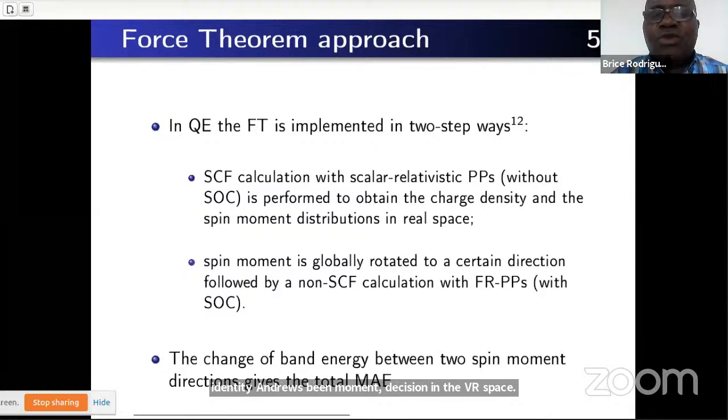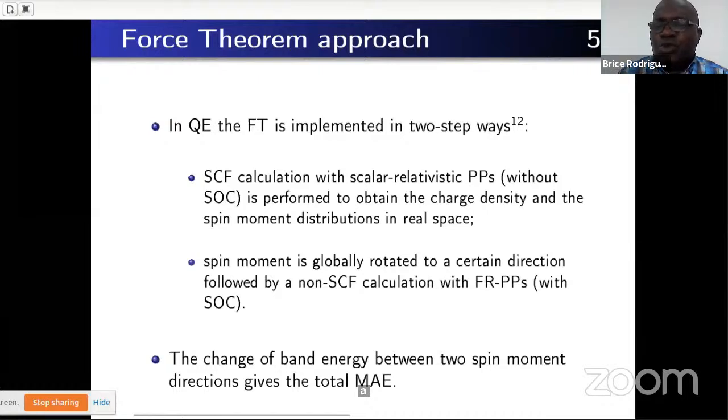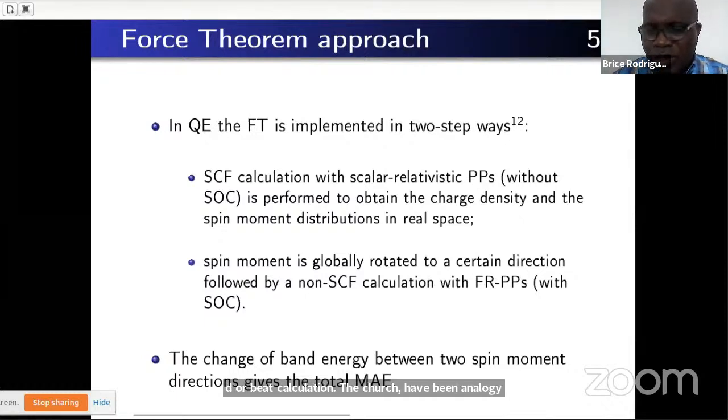And the spin moment is globally rotated to a certain direction, followed by a non-self-consistent calculation with a fully relativistic pseudopotential with spin-orbit coupling. The change of bond energy between two spin moment directions gives the total MAE.